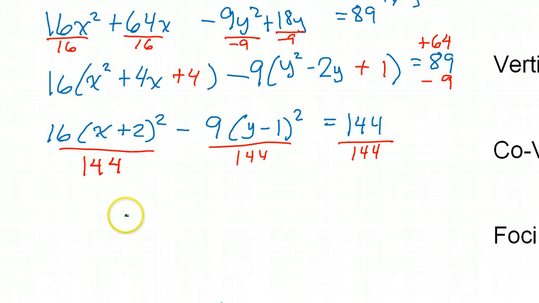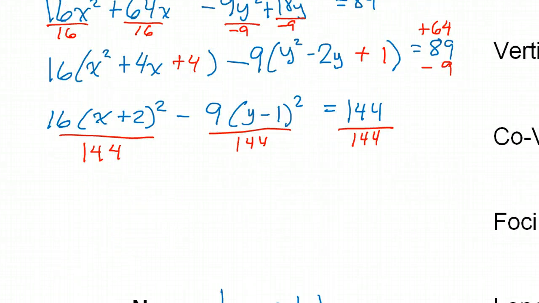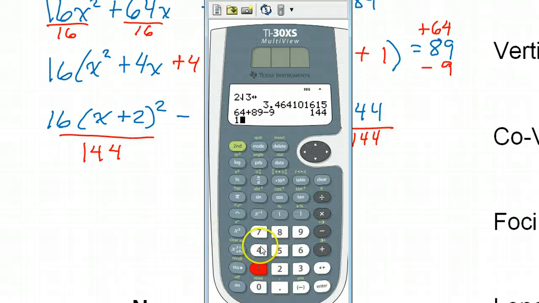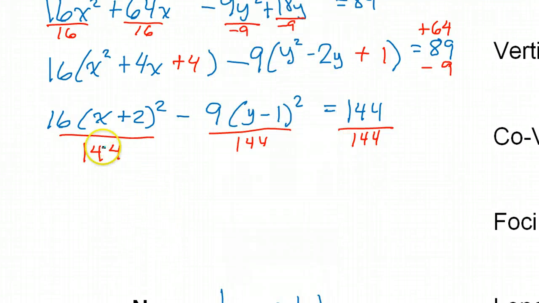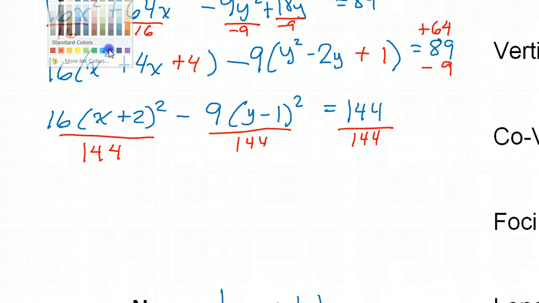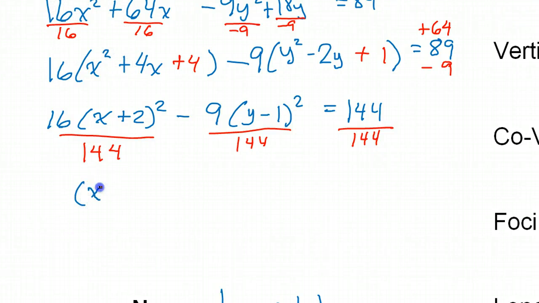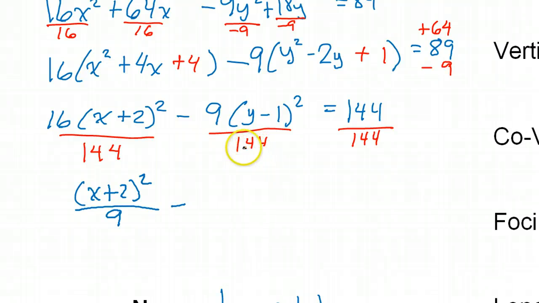Now, let's see. 16 goes into 144, I bet. Yeah, that goes in 9 times. So that's going to make this become x plus 2 squared over 9. Alright, with that in mind, if 16 goes into 144 9 times, then that means 9 must go into 144 16 times.